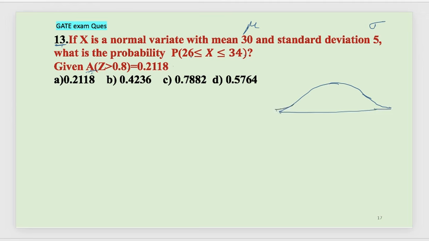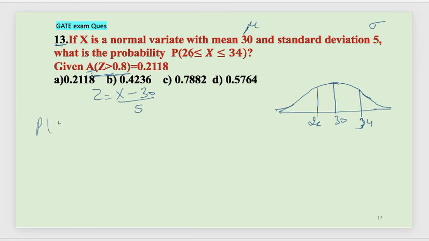So the mean location is 30, so I'm going to plug in 30 over here, 26 is here, and 34 is here. Now in this question we have to switch to z because data is available in the z form. So z is equal to x minus mean, which is 30, divided by sigma, which is 5.